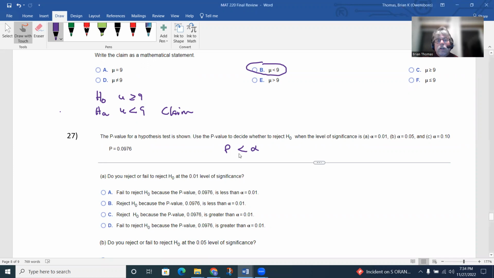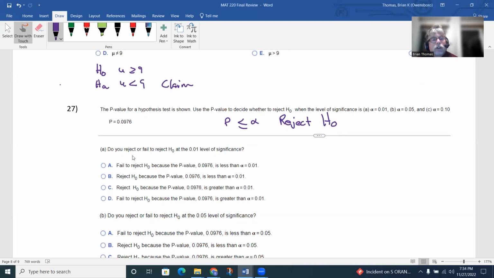So remember, if p is less than or equal to the test value, we will reject the null hypothesis. So let's see what we have here. The p-value is 0.0976. First question, do you reject or fail to reject the null hypothesis at a level of significance of 0.01?